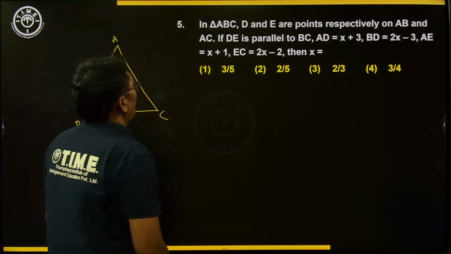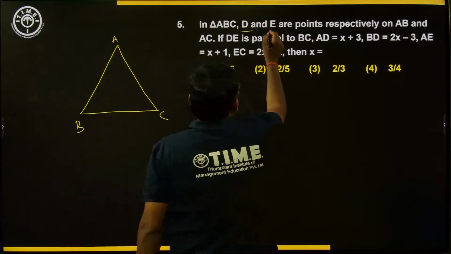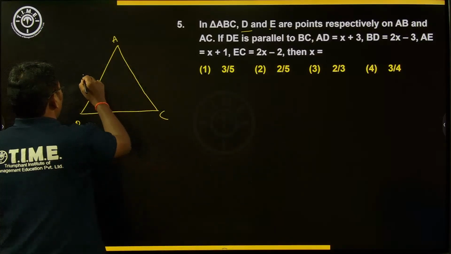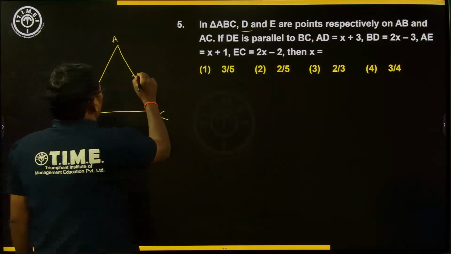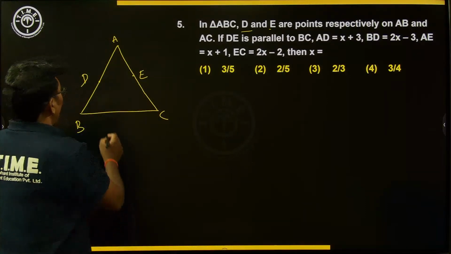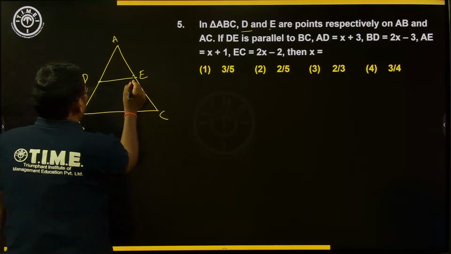So what is given? D and E are points respectively on AB. So D is point on AB and E is point on AC. So DE is parallel to BC. So these two are parallel.